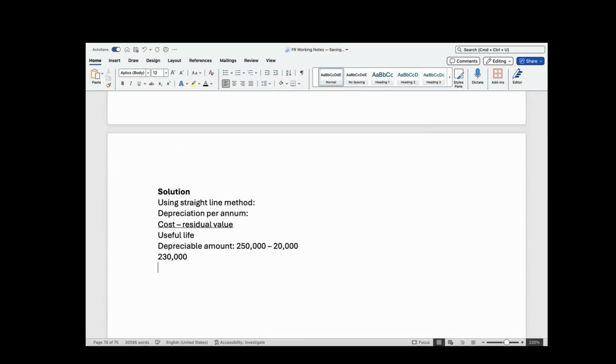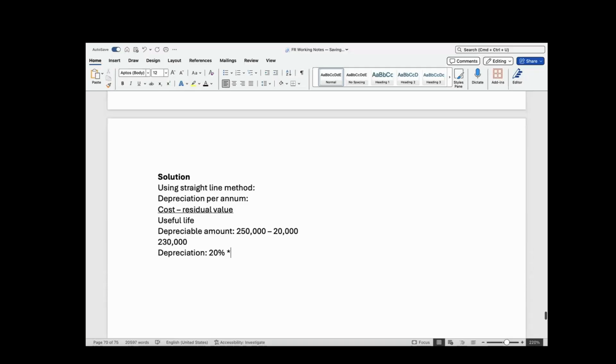So your depreciation per annum is just the depreciation rate, which I'm given as 20%, multiplied by my depreciable amount. In this case, I have 46,000, and that is my depreciation per annum. Every year is 46,000, the same amount.